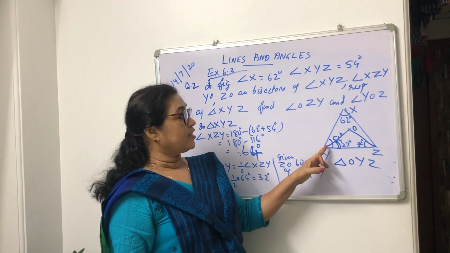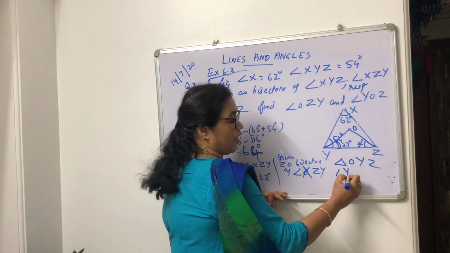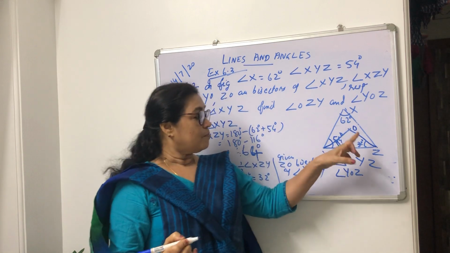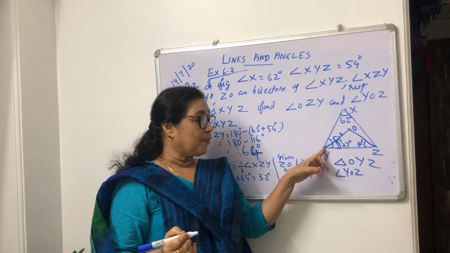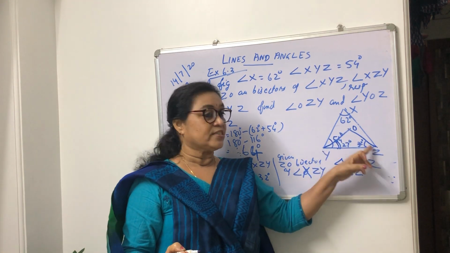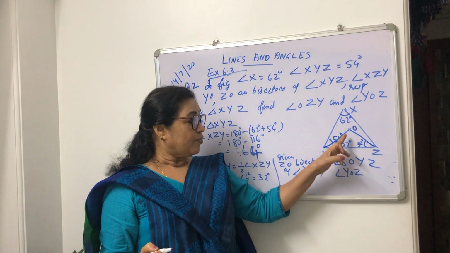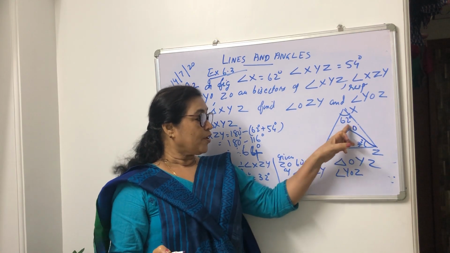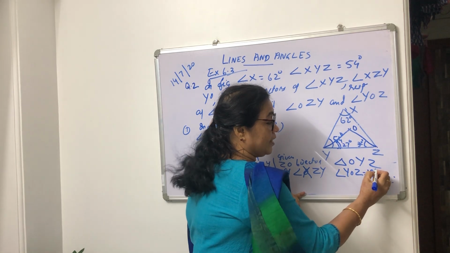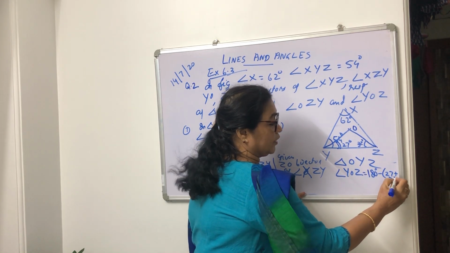So what is angle YOZ? 27 degrees plus 32 degrees plus angle YOZ in triangle OYZ, the sum of the three angles is 180 degrees. Therefore, angle YOZ is 180 degrees minus 27 plus 32 degrees.